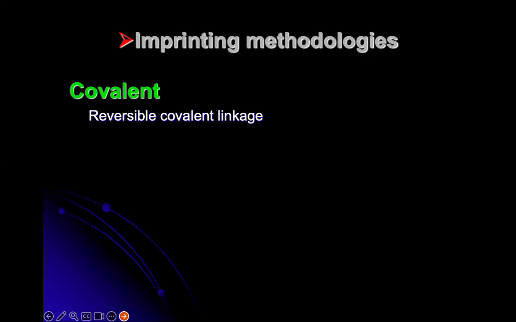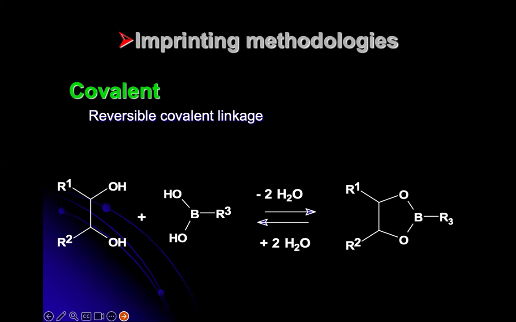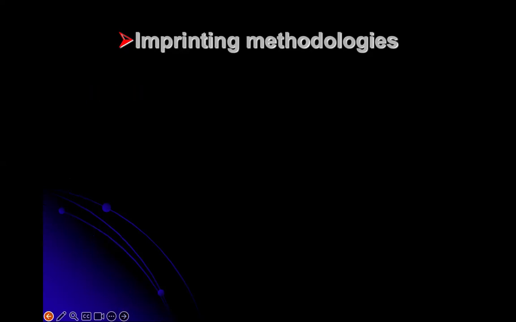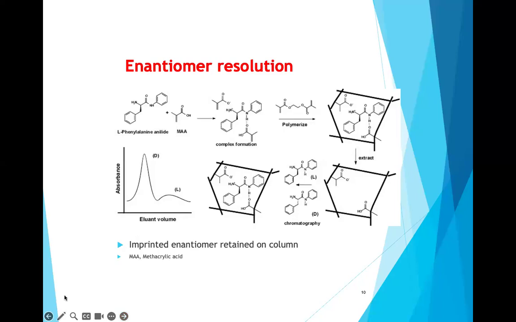To understand how to choose the monomer, because there are so many types of monomer, it is very important to understand what kind of interaction you want. When I say interaction, this is not clear.